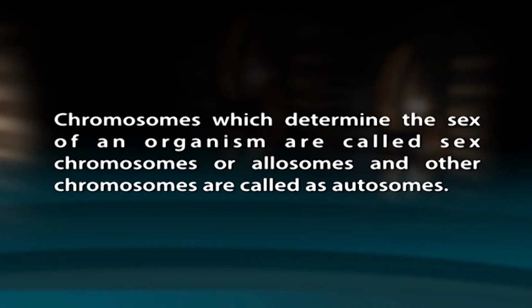Organisms have morphological sex difference as males and females. Chromosomes which determine the sex of an organism are called sex chromosomes or allosomes, and other chromosomes are called autosomes. In humans and many other organisms, the sex chromosomes consist of a pair of chromosomes called the X and Y chromosomes.